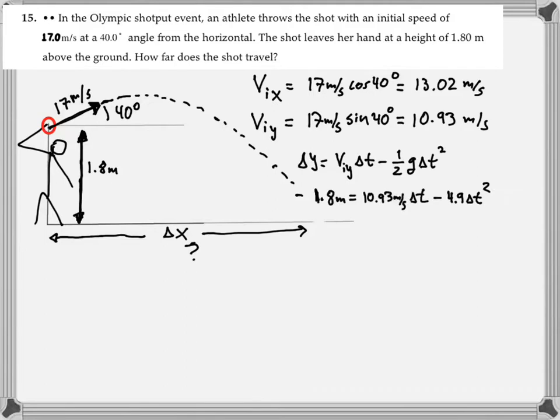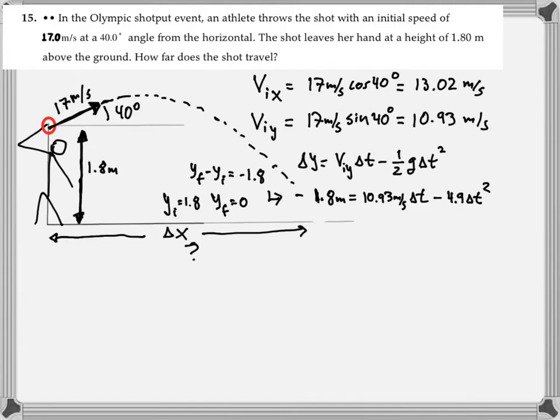So replace the values. Delta y is minus 1.8 meters. And you might be wondering why the minus. Can I just put 1.8? The answer is no, it is really minus 1.8, and if you don't put the minus, your answers are going to be wrong. The reason why it's minus is because delta y means final vertical position minus initial vertical position.